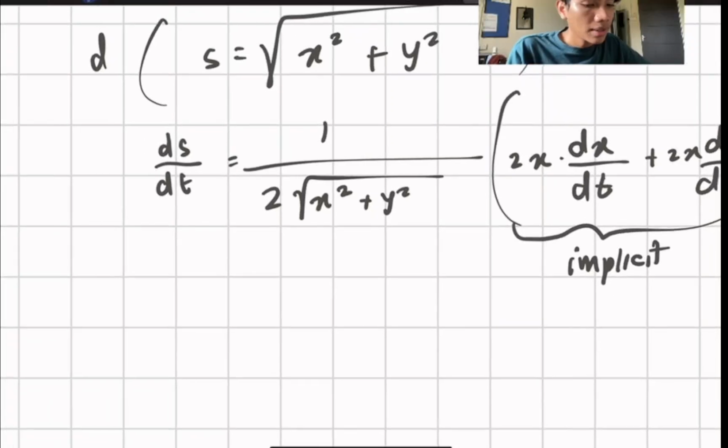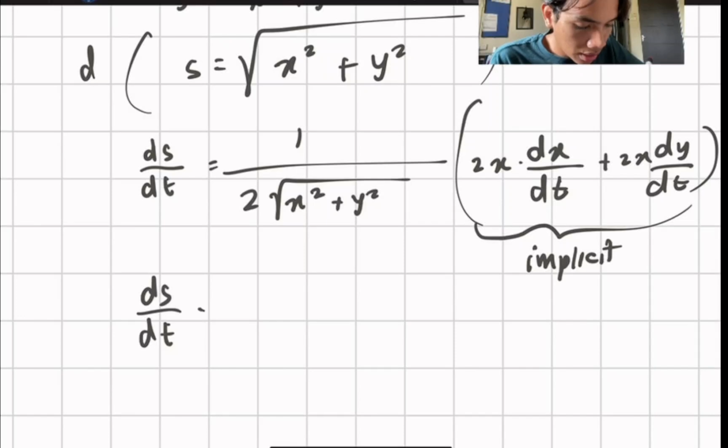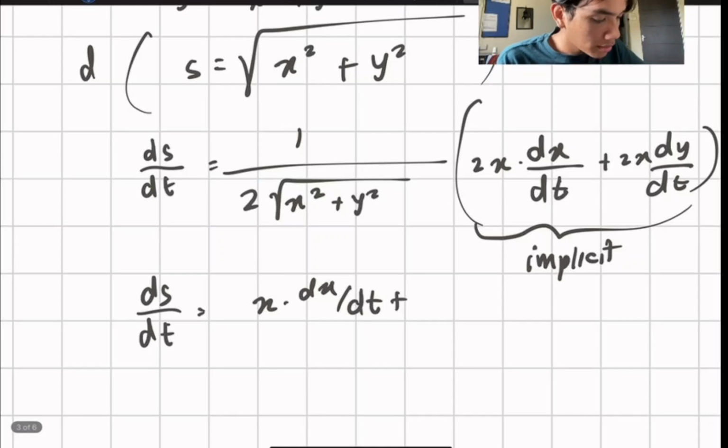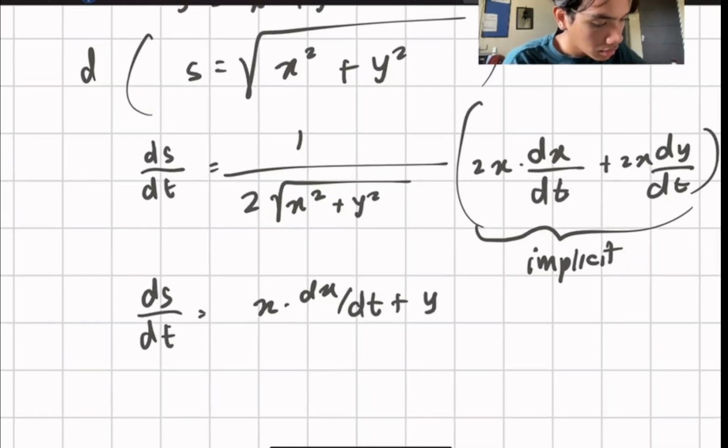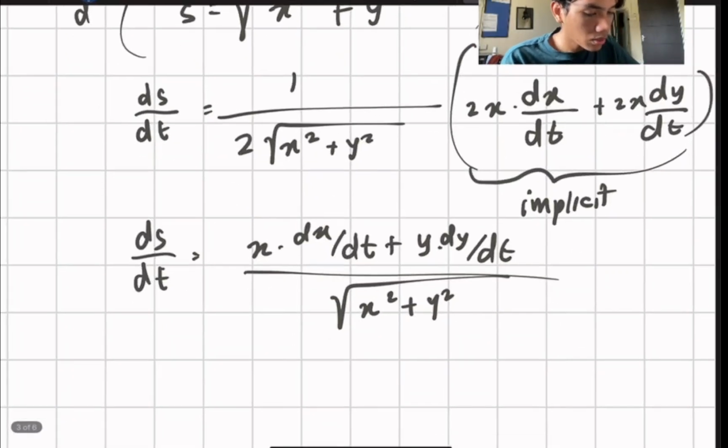Alright, so we just make the formula easier. So ds over dt is equal to x dx/dt plus y dy/dt, over the square root of x squared plus y squared.